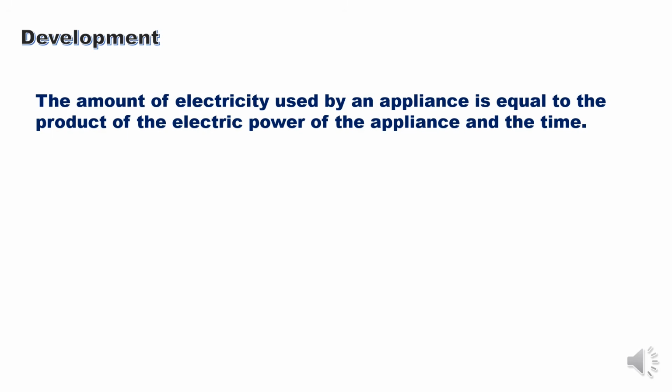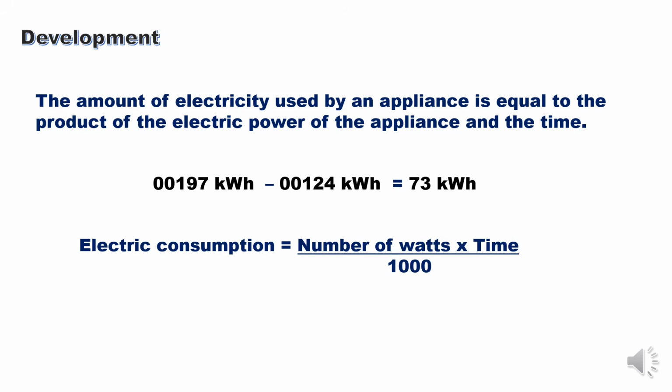The amount of electricity used by an appliance is equal to the product of the electric power of the appliance and the time. So 0.0197 kilowatt-hours minus 0.0124 kilowatt-hours equals 0.0073 kilowatt-hours. To get the electric consumption equals number of watts times time divided by 1,000.